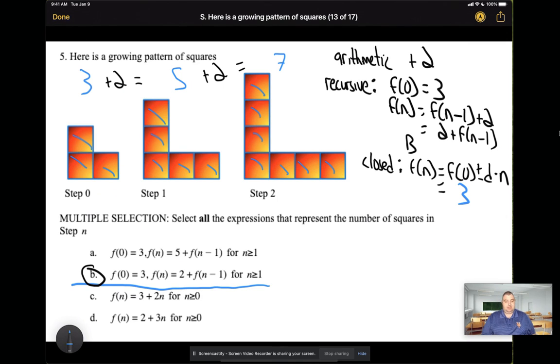Because I'm adding each time, I'm going to choose the plus. What am I adding each time? I'm adding 2. So my closed form is going to be 3 plus 2n. And that matches up with choice C. So the answer to number 5 is B and C.